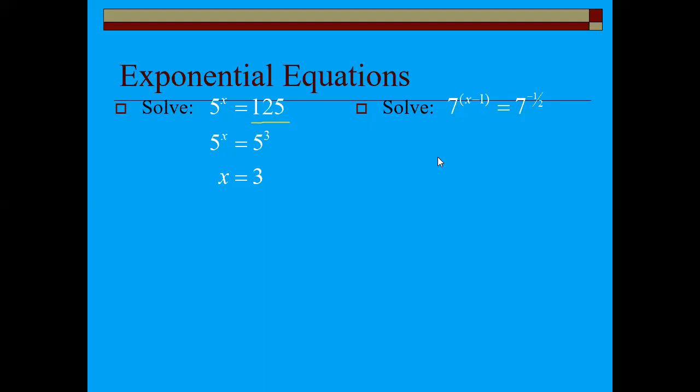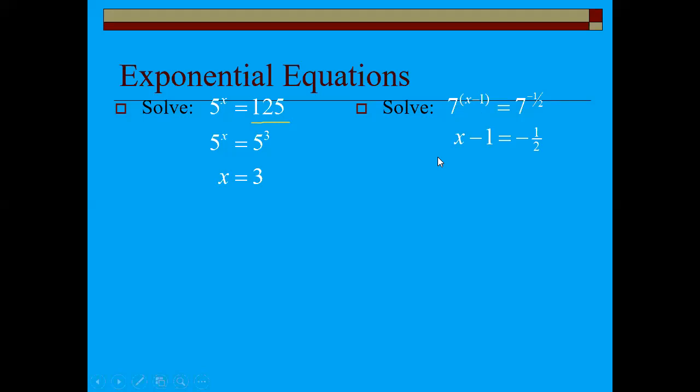All we need to write is that the exponent on the left hand term is equal to the exponent on the right hand term, which is x minus 1 equals minus half.